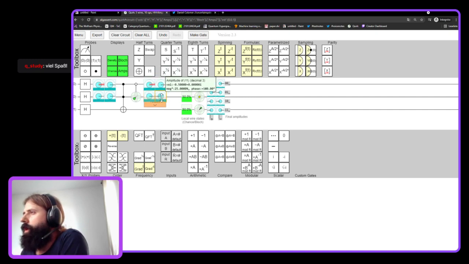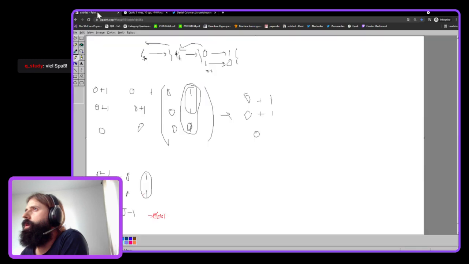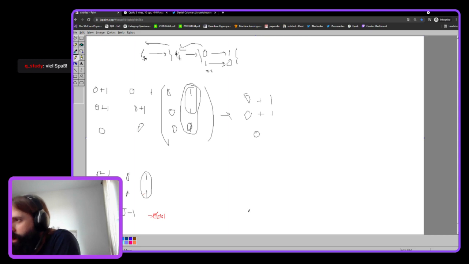Because the minus is only in the 1 case. Ooh, so how would I know this? What really happens here is I have that global phase here, and so I just kicked it out here, but I could have kicked it out somewhere else too, right?